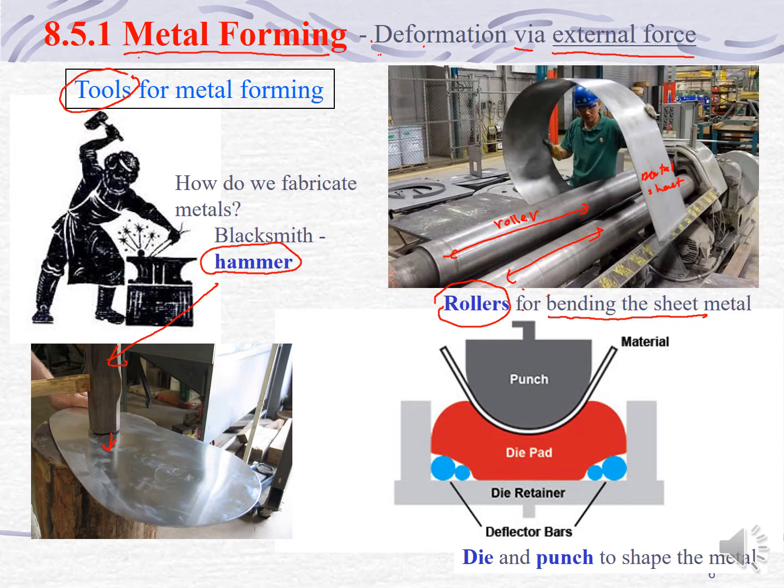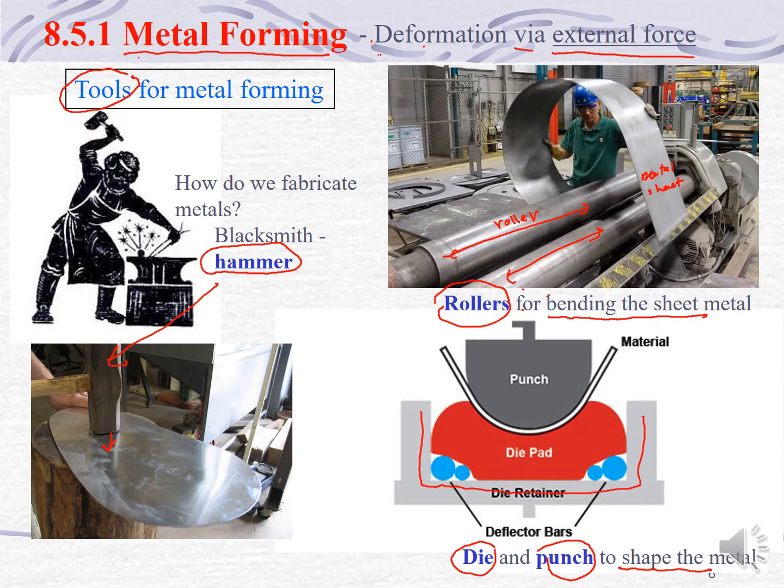In industry also, they use a die and punch in order to shape the metal. What is a die and punch? The die is this part, the bottom plate.